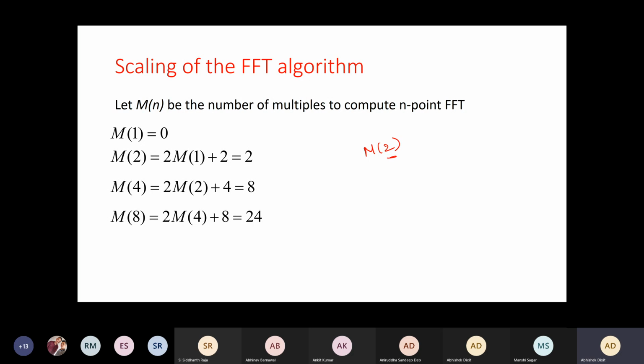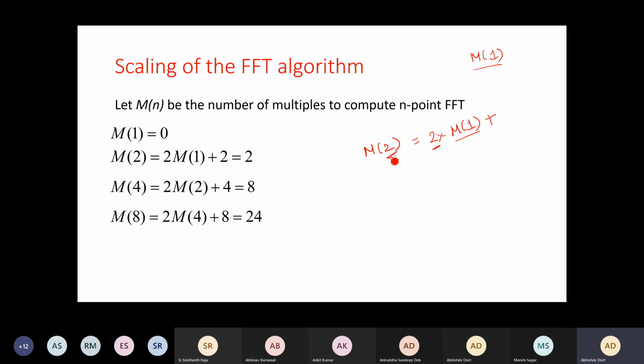What is the strategy? I first break down this n length sequence into 2 sequences of n by 2, and for each n by 2 sequence, I have to compute the FFT. Let us assume that the number of steps in computing the n by 2 FFT is M1 if my n is 2. And I have to do this 2 times because I have to compute FFTs twice, B case and C case, so there has to be a factor of 2.